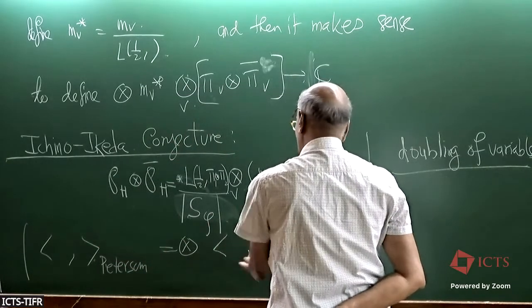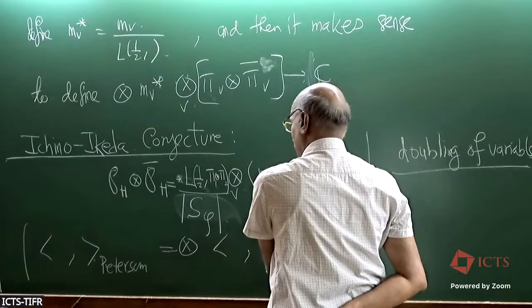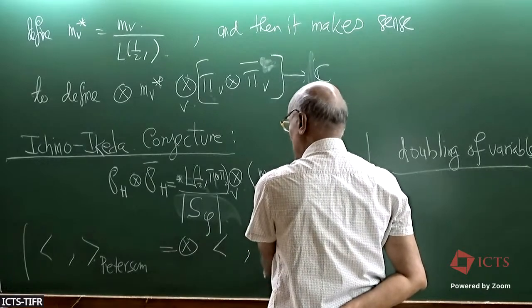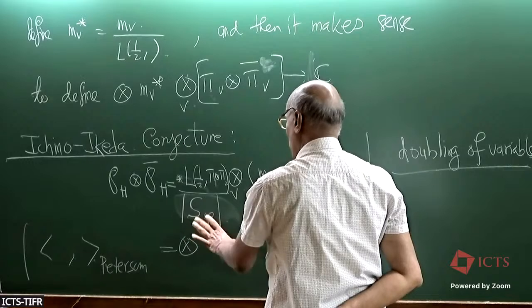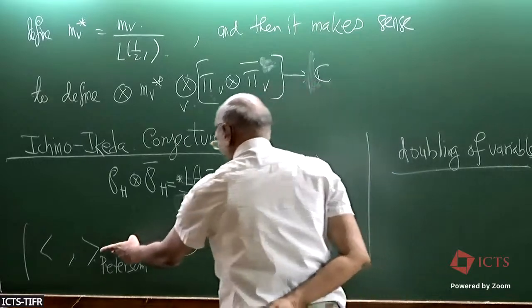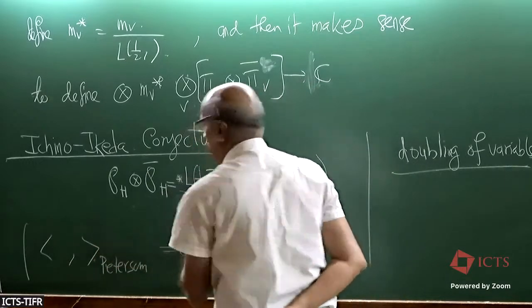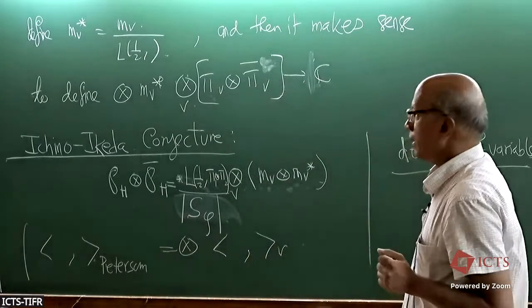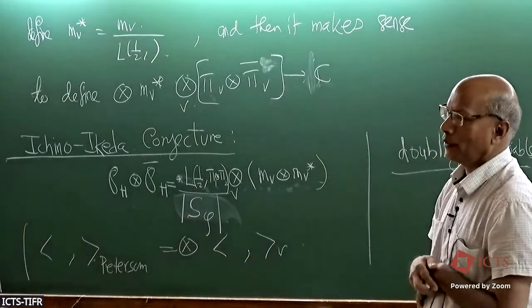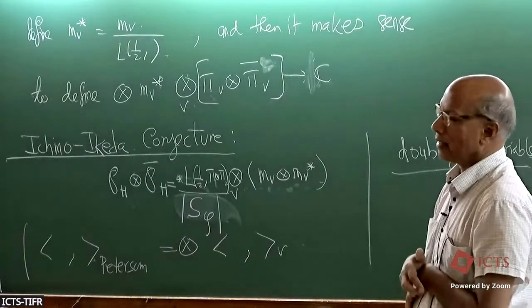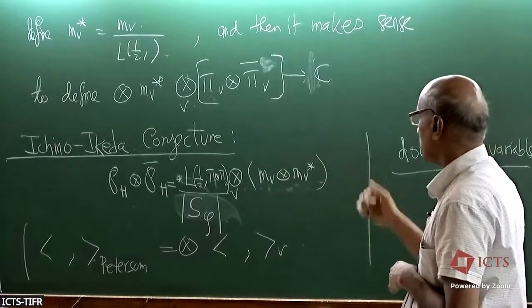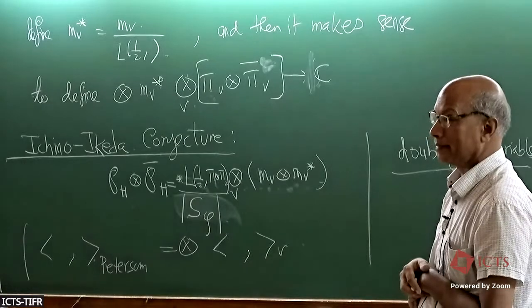You can multiply at one place by 2 and divide by 2 in another place, but this global equality is required, and that is all that is needed to make precise this relationship between the global period integral and the local period integral.